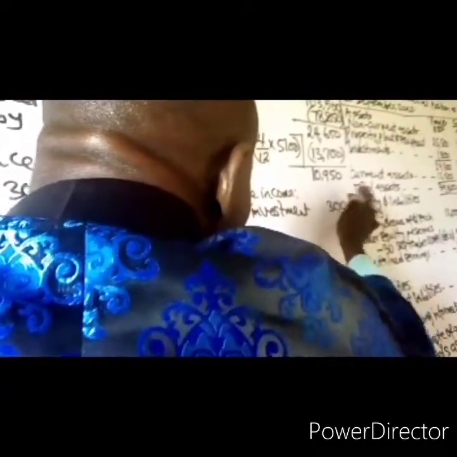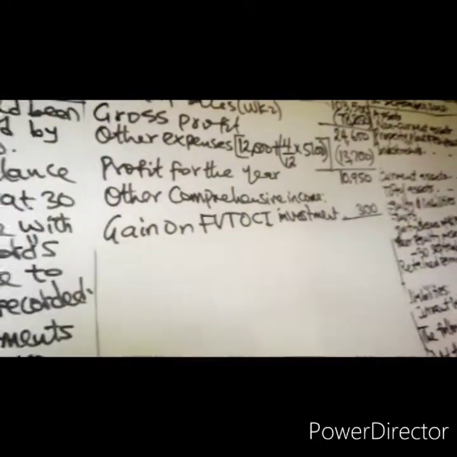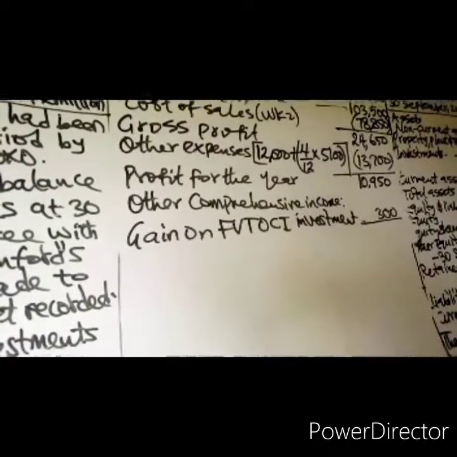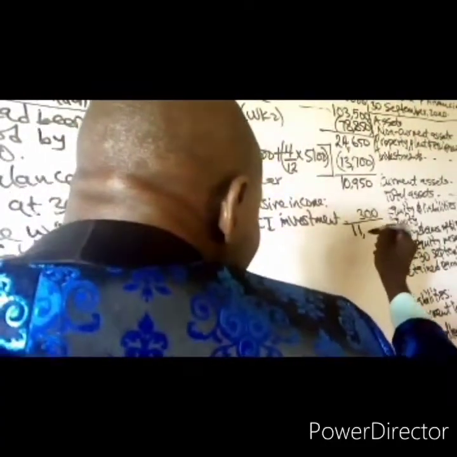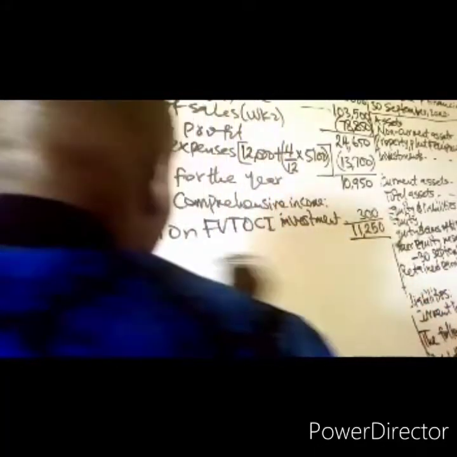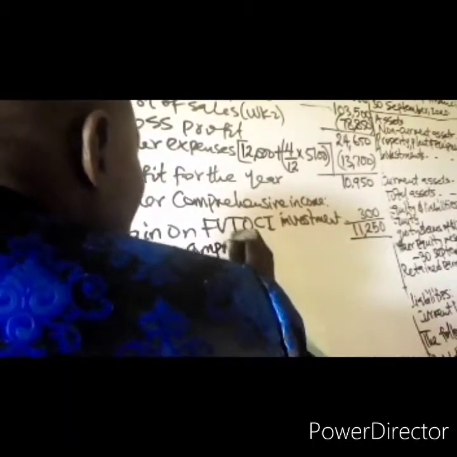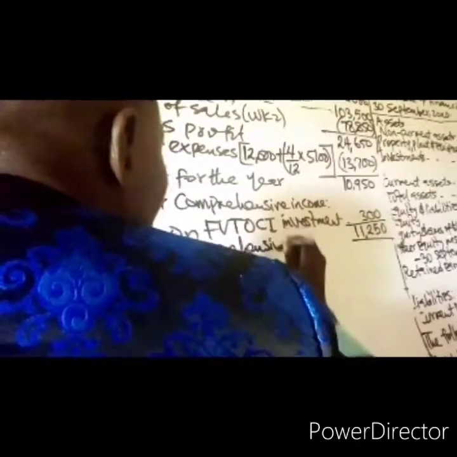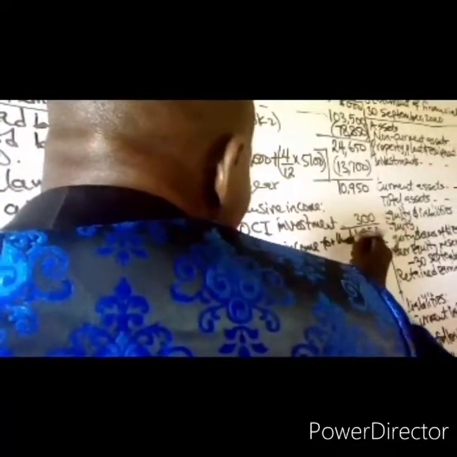If you add the 300,000 to 10,950, 10,950 plus 300,000, that will give us 11,250. That 11,250 represents total comprehensive income for the year.